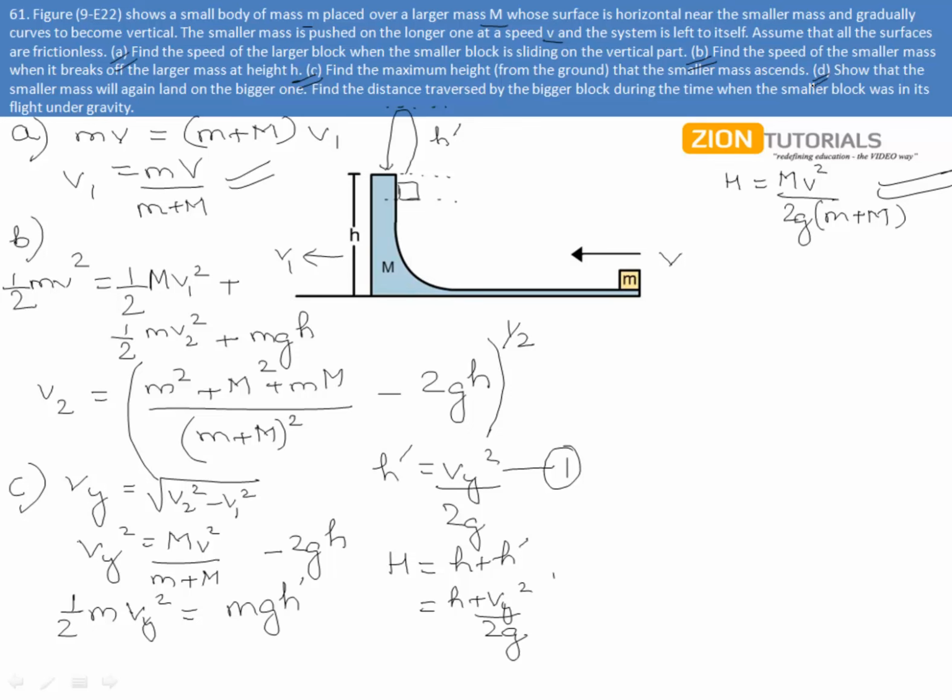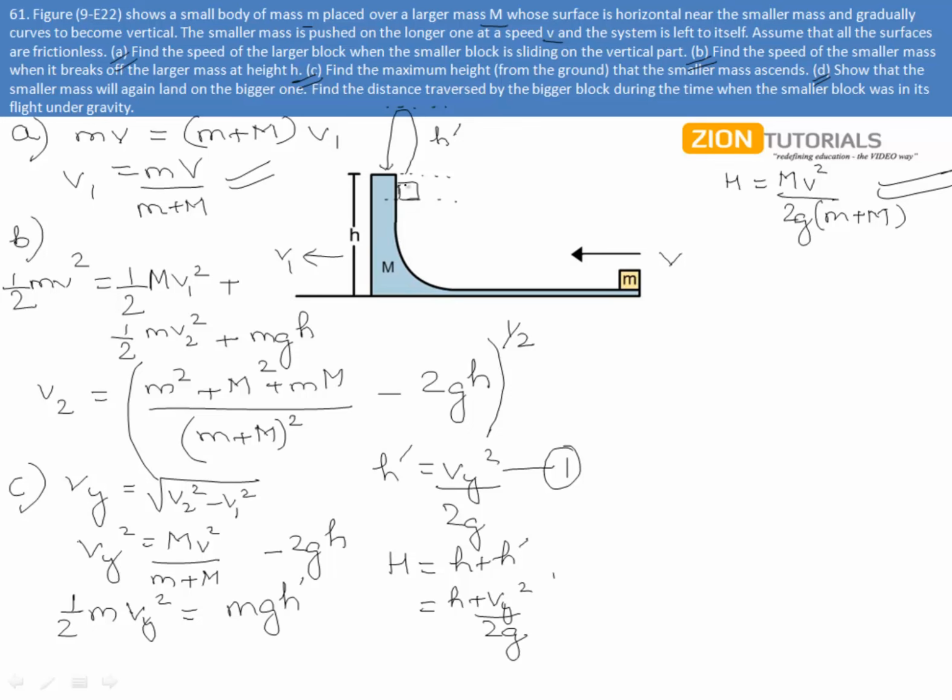Now the part is to show that the smaller mass will again land on the bigger one, and find the distance traversed by the bigger block during the time when the smaller block was in flight under gravity. This small block as well as the capital M block have the same horizontal velocity at the point when this block leaves the contact with the bigger block.